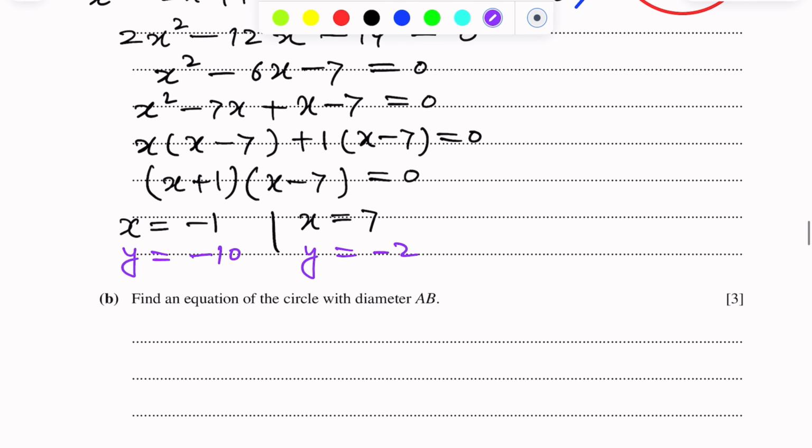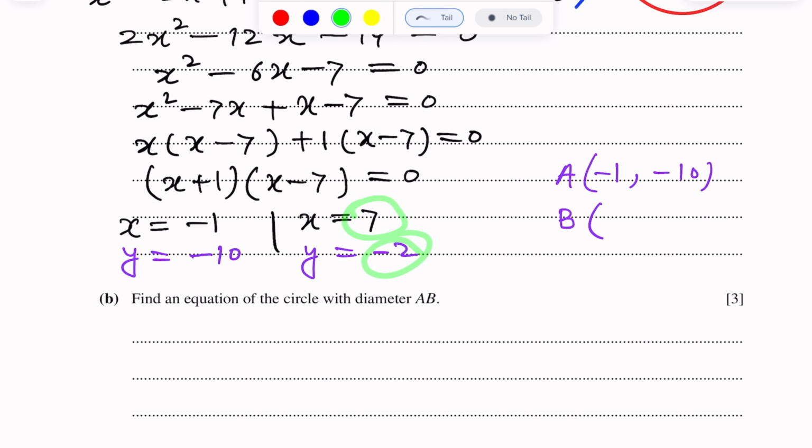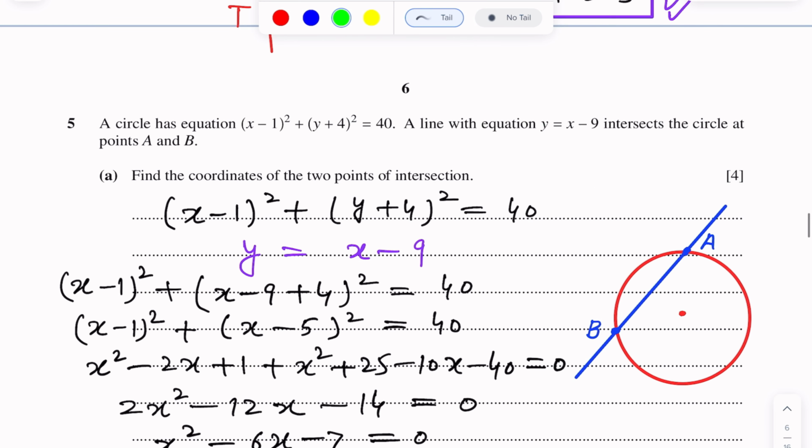So the points of intersection are A and B. Point A is (−1, −10), and point B is (7, −2). These are the coordinates of the points of intersection of the line and the circle.